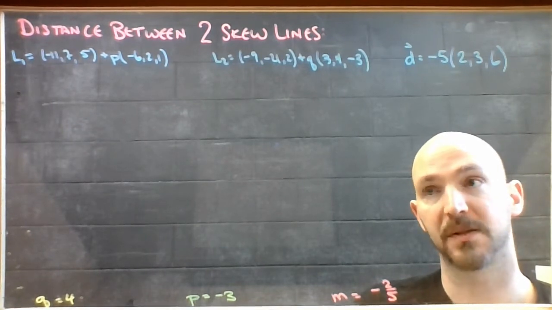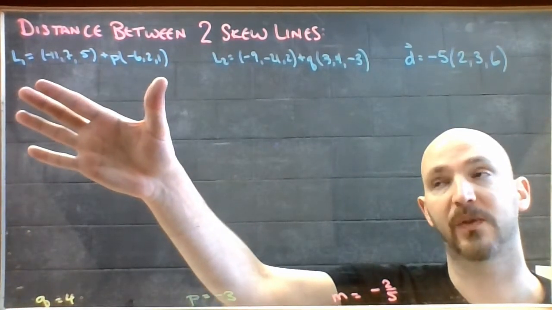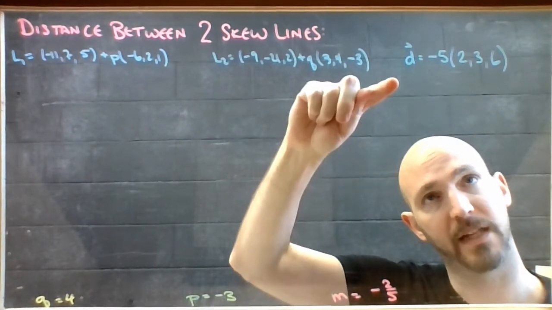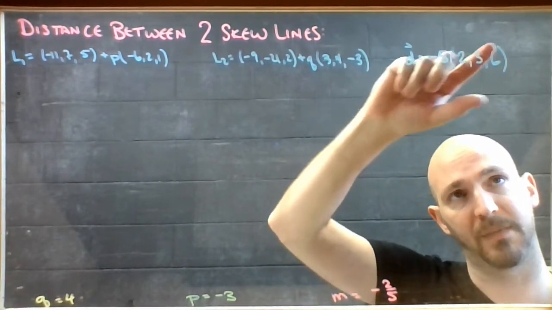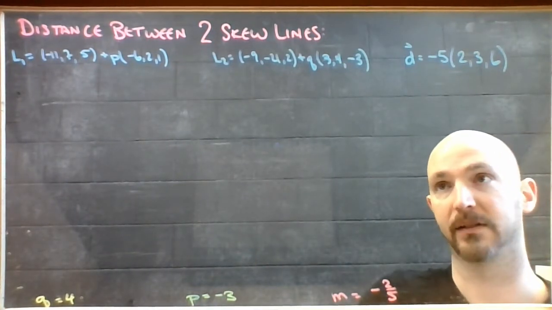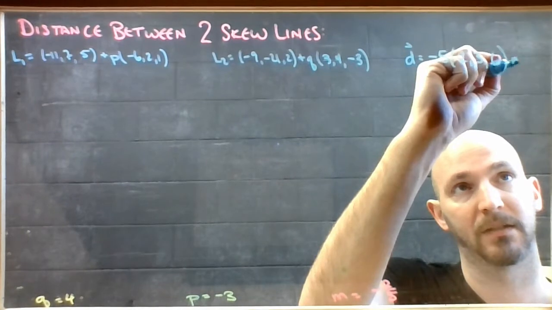So we started this problem with an equation for line 1, an equation for line 2, and then we calculated this vector that connects the two of them at the shortest point. And it had, of course, an m at the back. There we go.